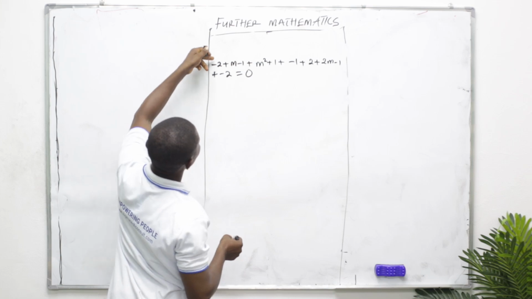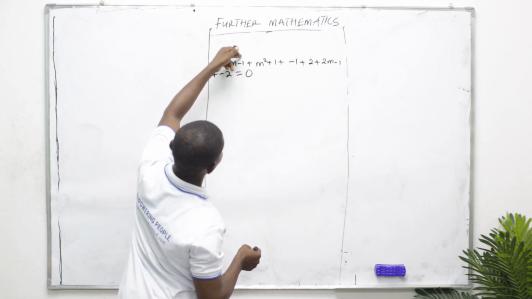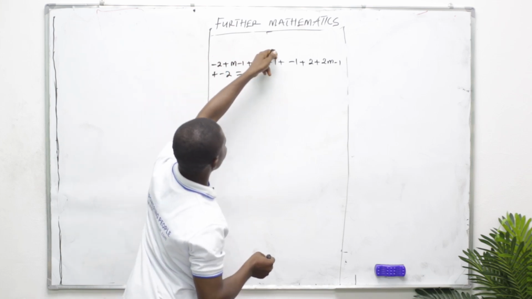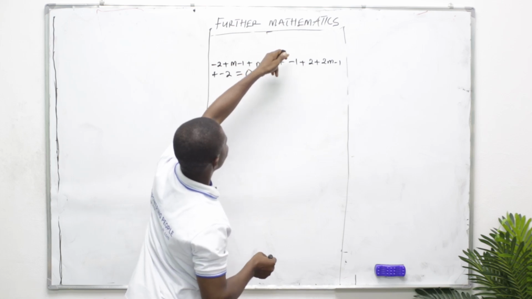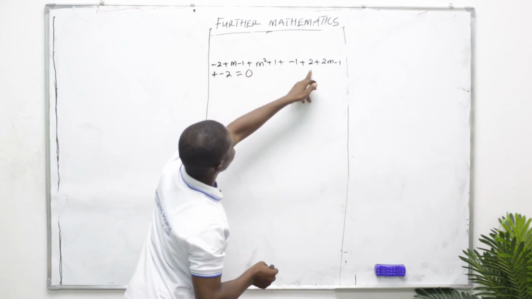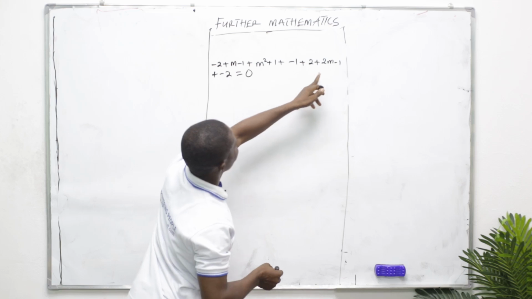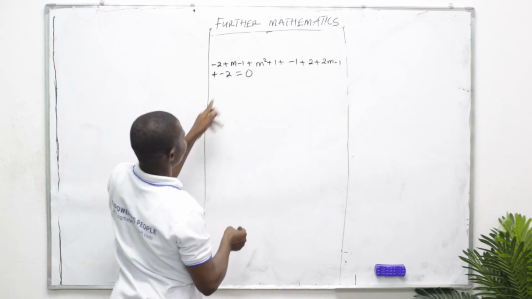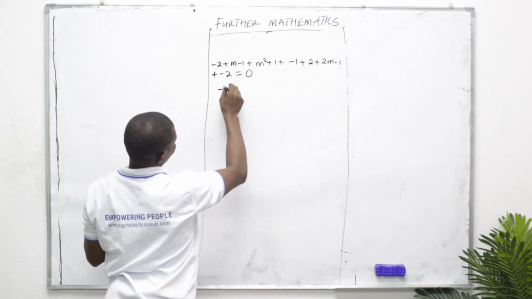So -2 minus 1 is -3, plus 1 minus 2, minus 1 is -3, plus 2 minus 1, minus 1 minus 2, minus 2 gives minus 4.